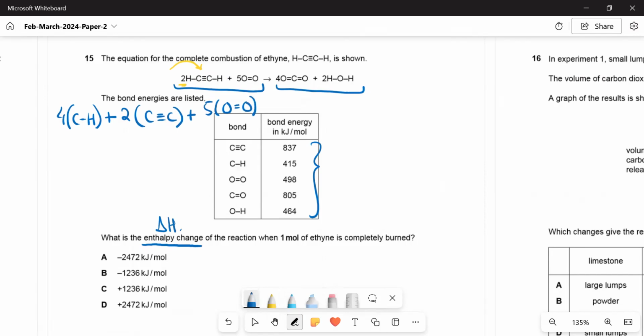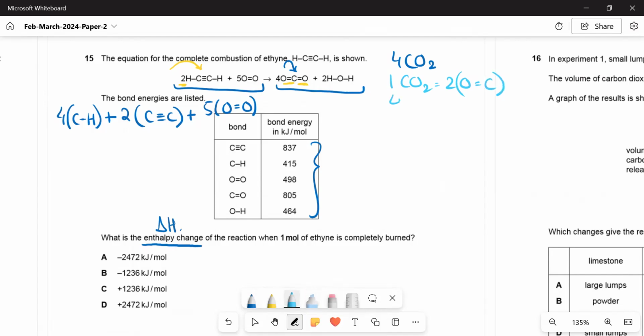And then let's see the bonds in the products. In products, we have 4 CO2 molecules, 4 carbon dioxide. In one carbon dioxide molecule, there are 2 C double bond O bonds.